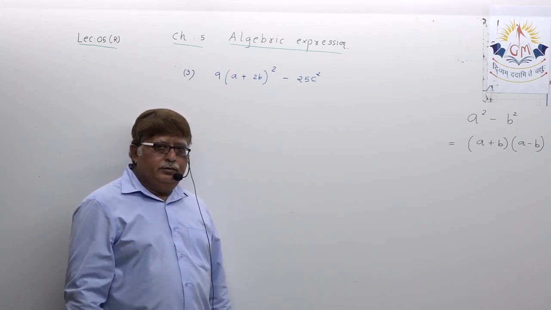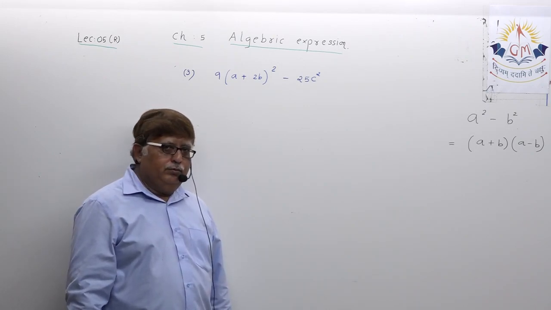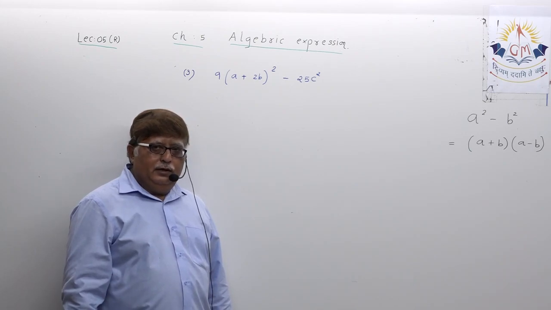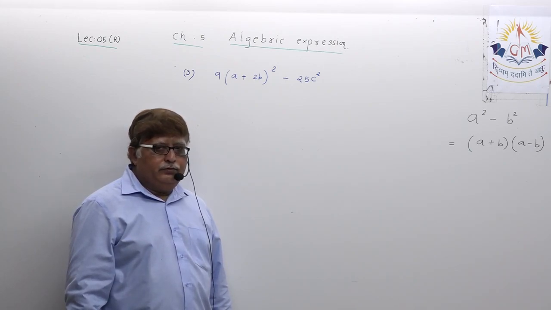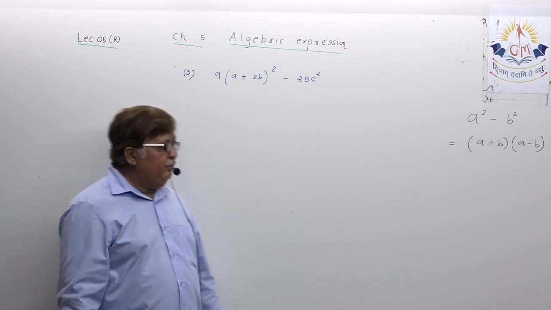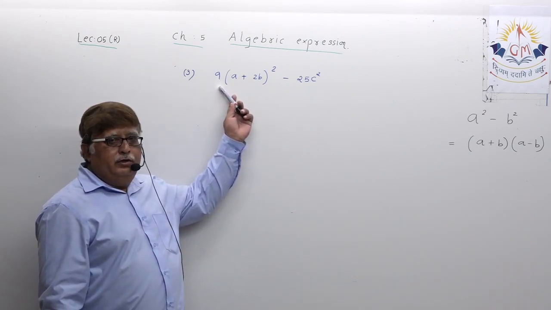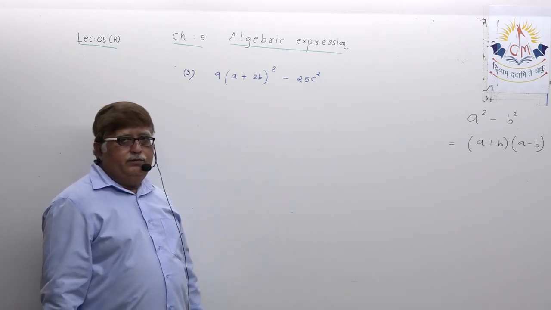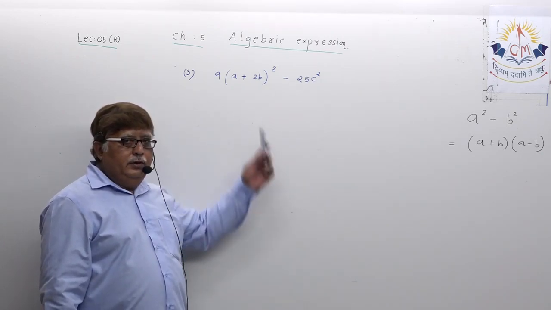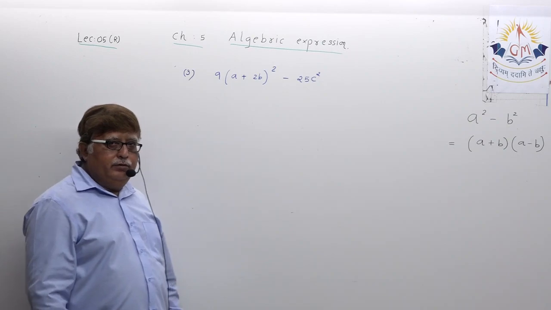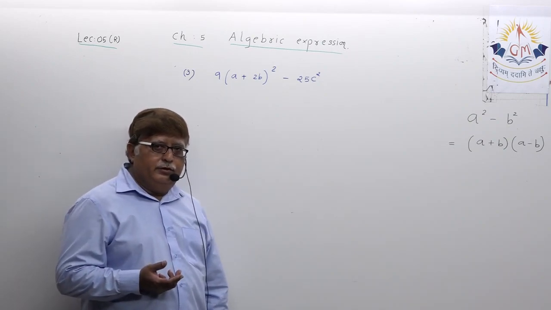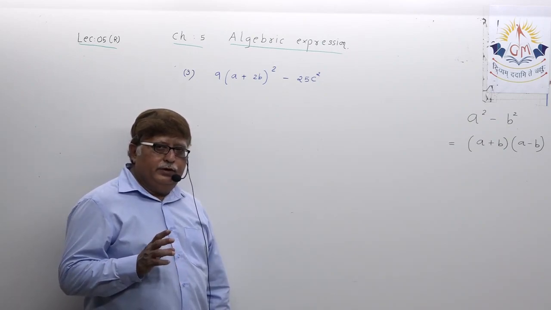How many terms? 2. Are both perfect squares? Yes. Square root of 9 is possible, 3. 25 is possible. A bracket square is always considered a perfect square term.